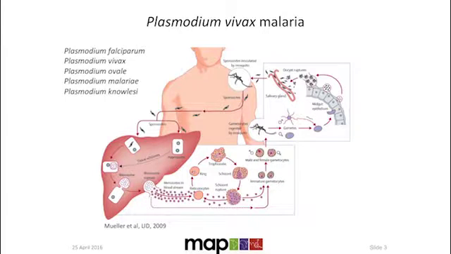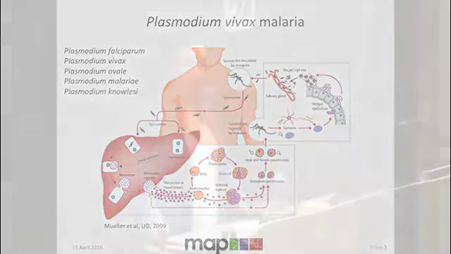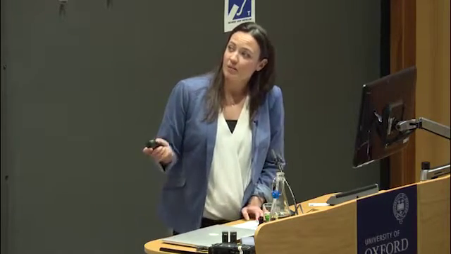The biology of Plasmodium vivax does impart some unique epidemiological problems that make it difficult to control and even to understand in some ways. As shown here in this life cycle illustration of Plasmodium vivax, you'll notice that there's this liver stage. All Plasmodium parasites do enter the human liver at some point in their life cycle.